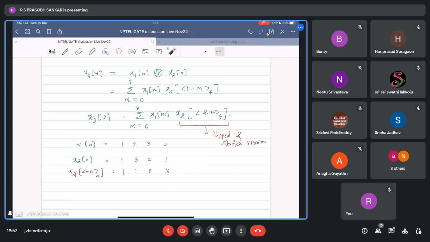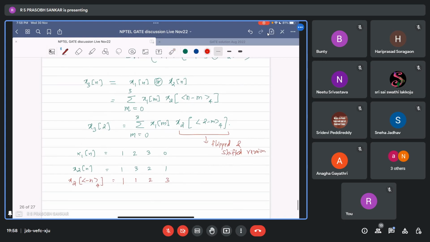How did I do the circular flipping? This 1, 3, 2, 1, I'll just mirror it to this side. So 1 will stay, but 3, 2, 1 will come to the other side. But this is again circular, so I'll just push the remaining things to the other side. That's it. So this is the circularly flipped or circularly reversed version.